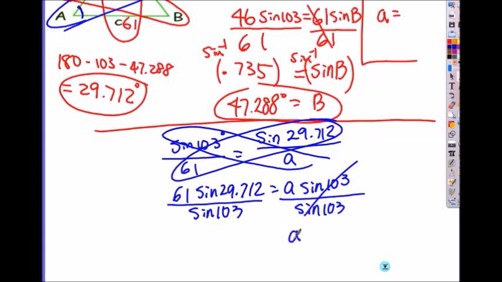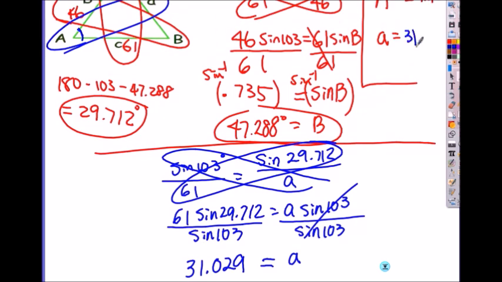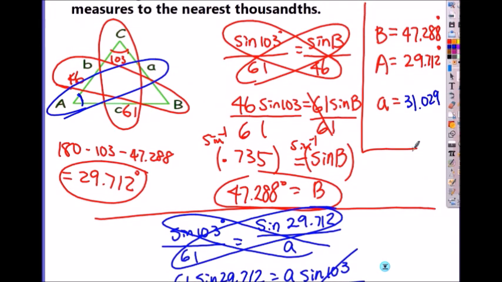So what do you get for A? 31.029. You just got to plug this into the calculator, right? Do you guys get the same answer? So again, make sure you always give me this box with missing side and angles, okay?